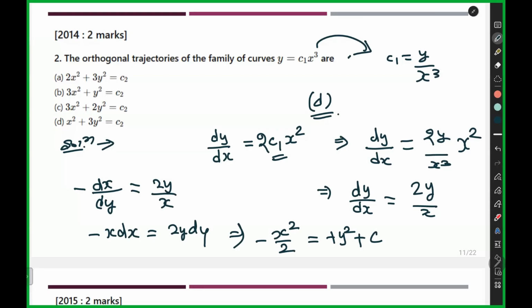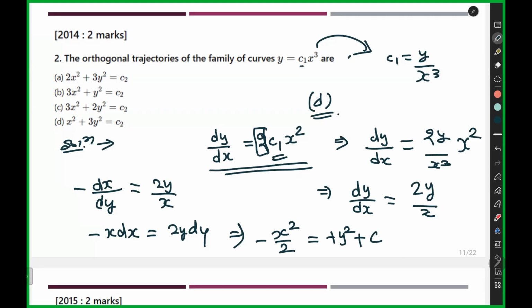Did I make a mistake? I am mistaken somewhere. Can anybody tell where I had made a mistake? Are you guys involved? Anybody can answer? Yes, here I have made a mistake.